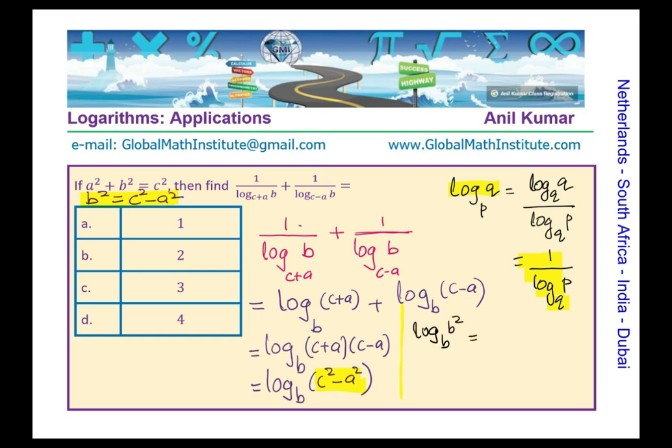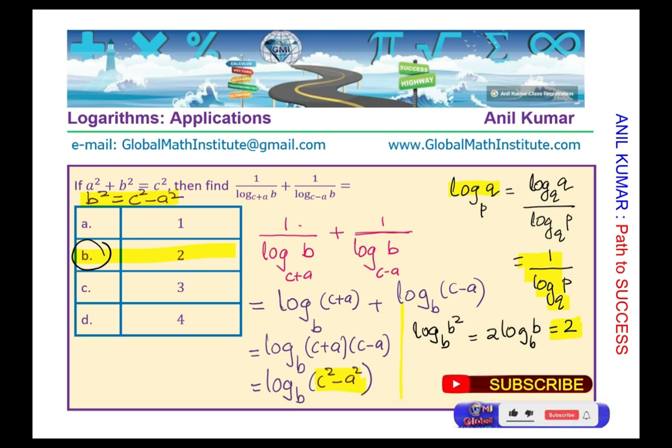And this is 2 log to the base b of b, which is 2. So our solution is 2. Option B. Makes sense. So if you know this reciprocal identity, see how easy it is. Otherwise, it is an extremely difficult question to work with. I hope you have understood this strategy.